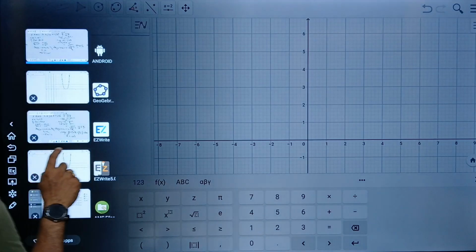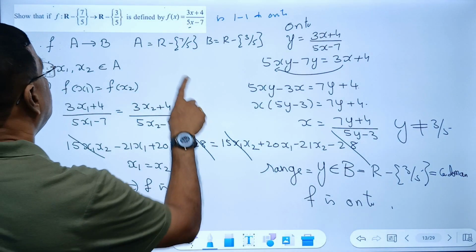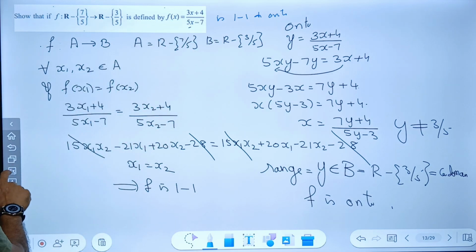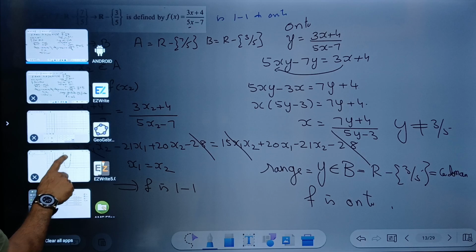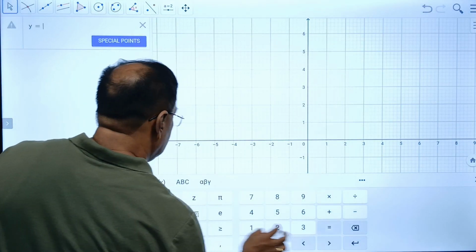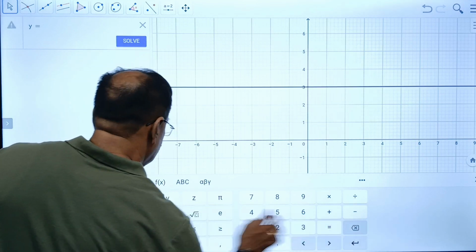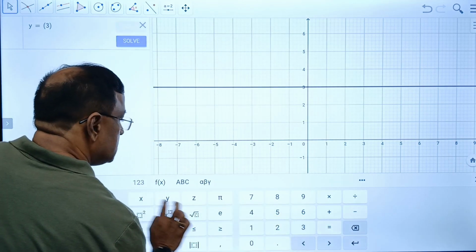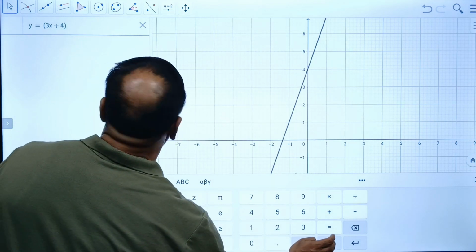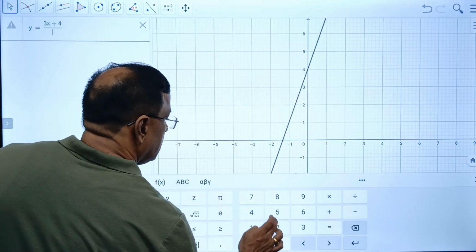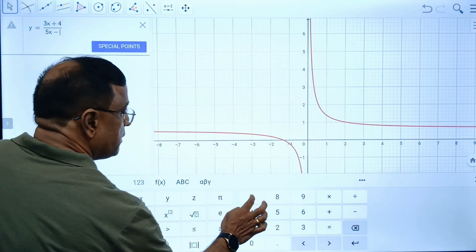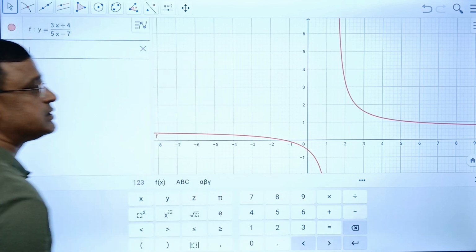Sorry. y equal to 3x plus 4 divided by 5x minus 7, exactly like the previous question.